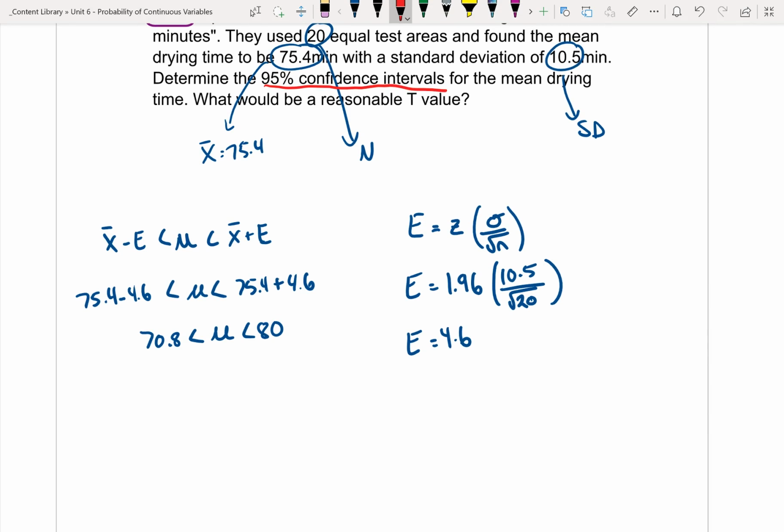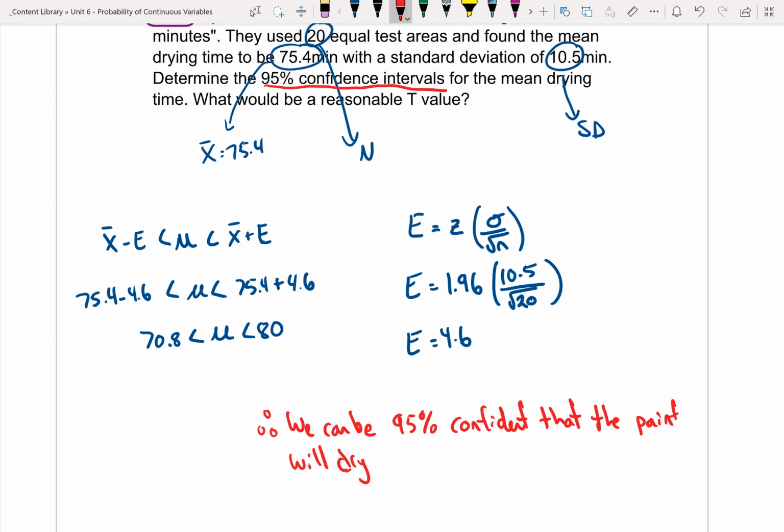What we can say then is, therefore, we can be 95% confident that the paint will dry between 70.8 minutes to 80 minutes.